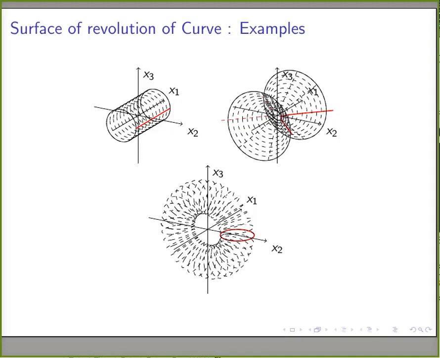Coming to the third example, 4.8c. The exercise is to sketch the surface of revolution of the curve x1 square plus (x2 minus 2) square equal to 1.